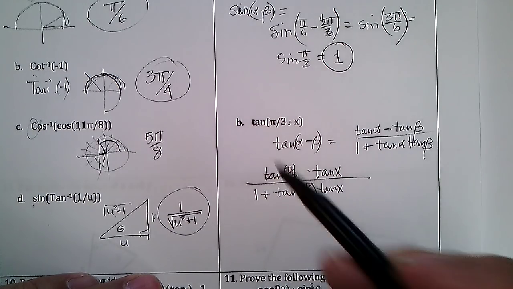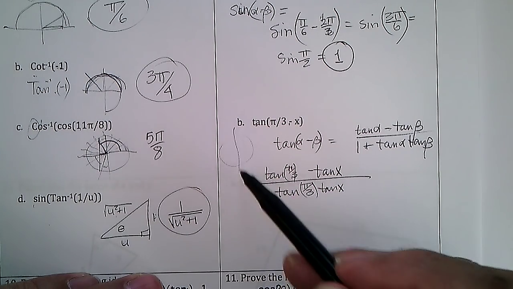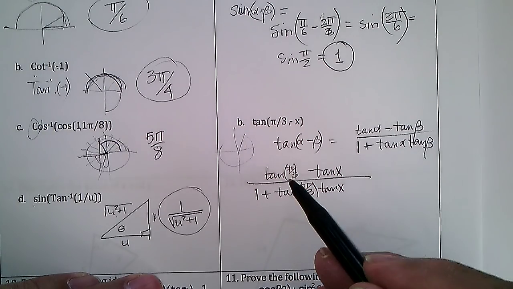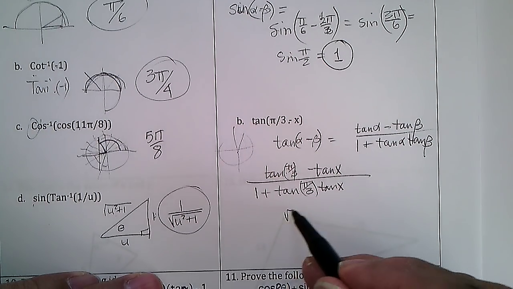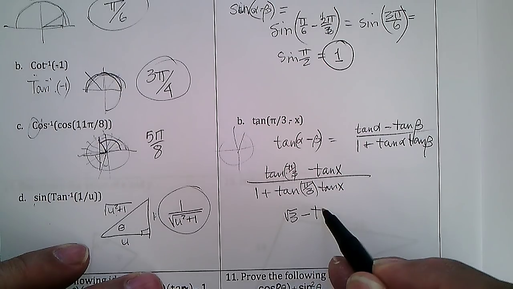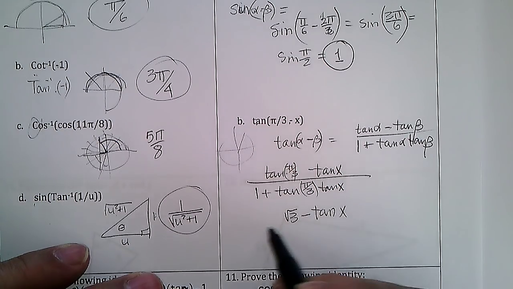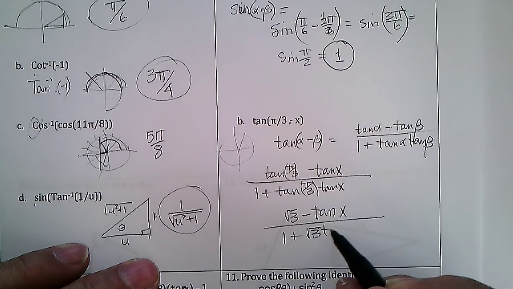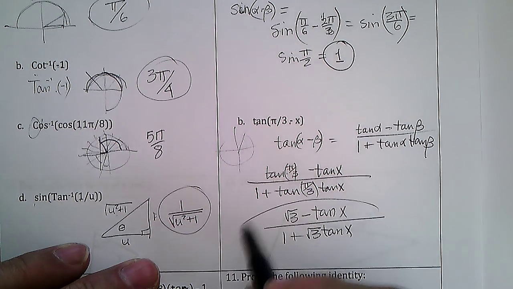And tangent of pi over 3, that's 60 degrees. The tangent is square root of 3 over 1. So that's the square root of 3. So we have square root of 3 minus tangent of x over 1 plus the square root of 3 tangent x.